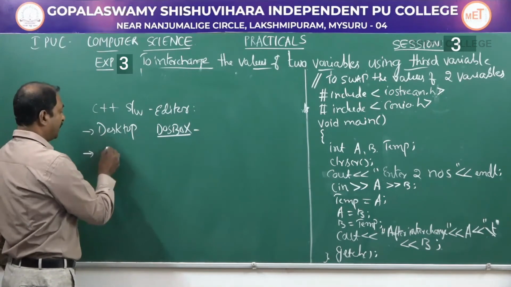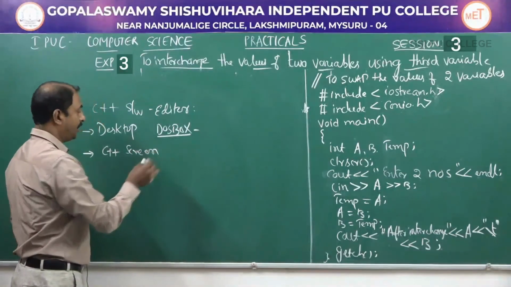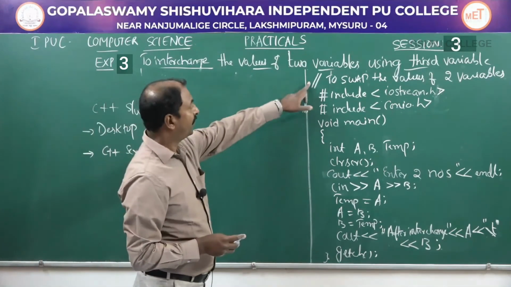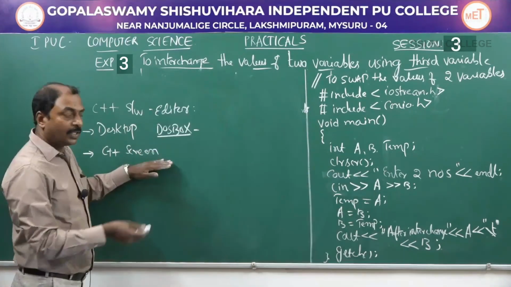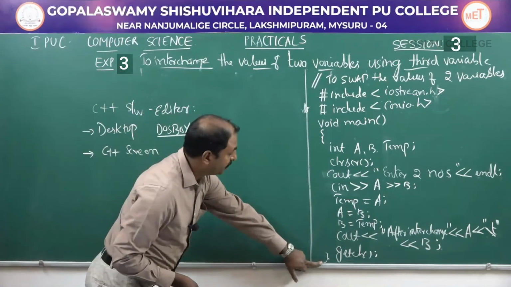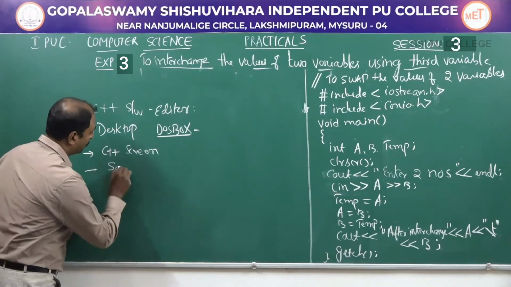Inside the C++ screen or editor, here is the place where you have to type this program from here to here. Then after completing till the end of the braces, we have to save the program.